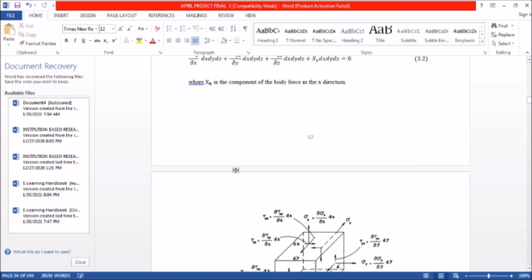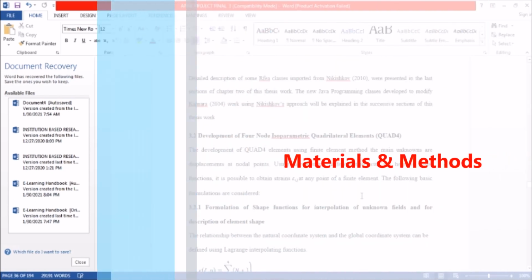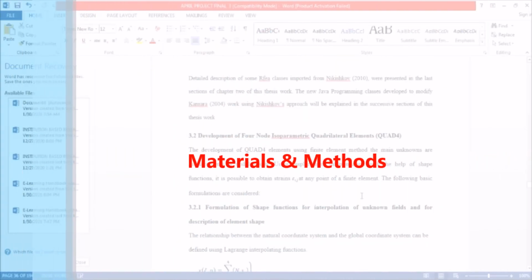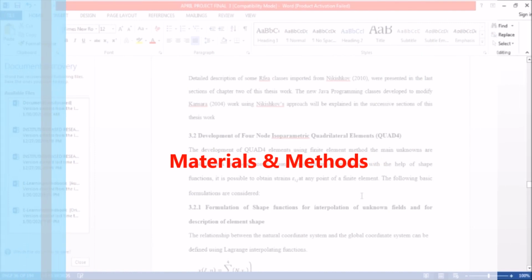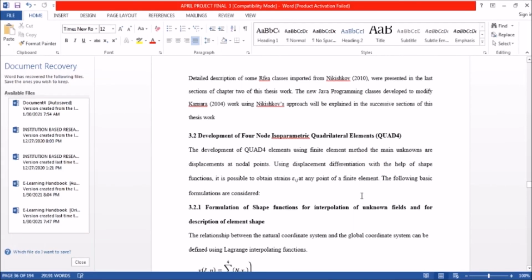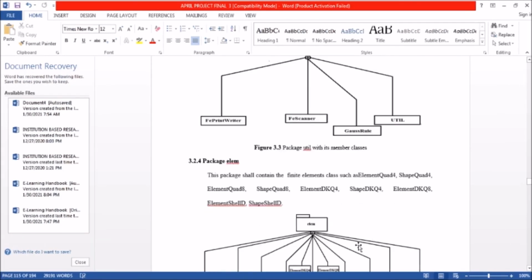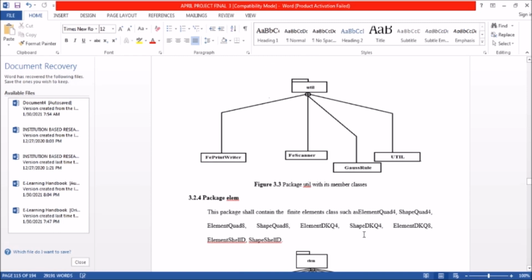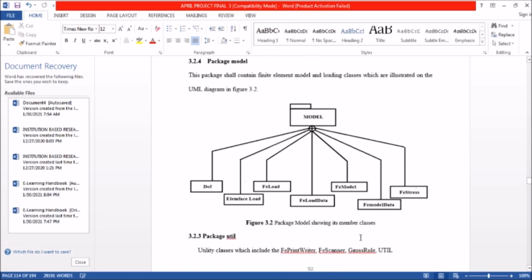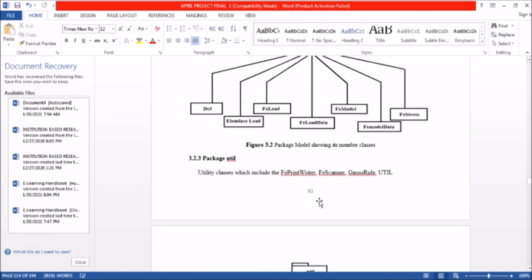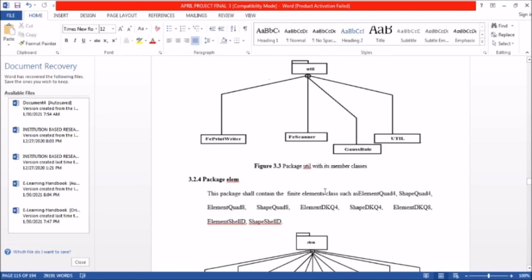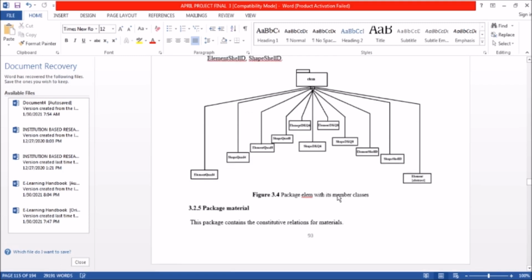So the chapter 3, under chapter 3 we have materials and method. Under materials and method you are going to describe the materials used for the project and also the method adopted, because there may be different kinds of methods which will still lead to similar answers. So you're supposed to outline your materials.